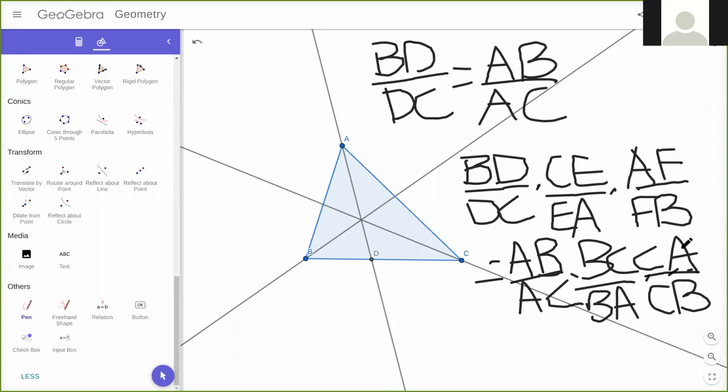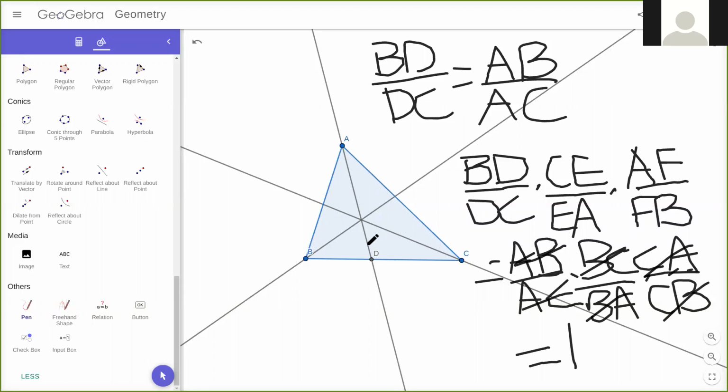So then what does this turn out to be? AB cancels out, AC cancels out, and BC cancels out. So this is 1. So the Ceva property holds for these as well.